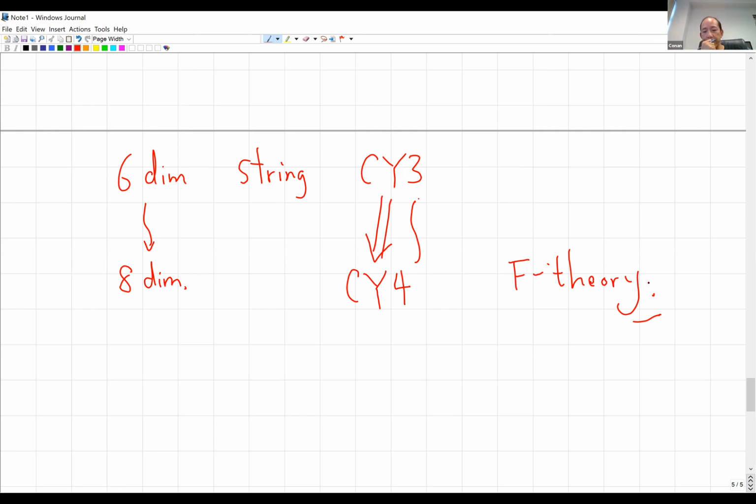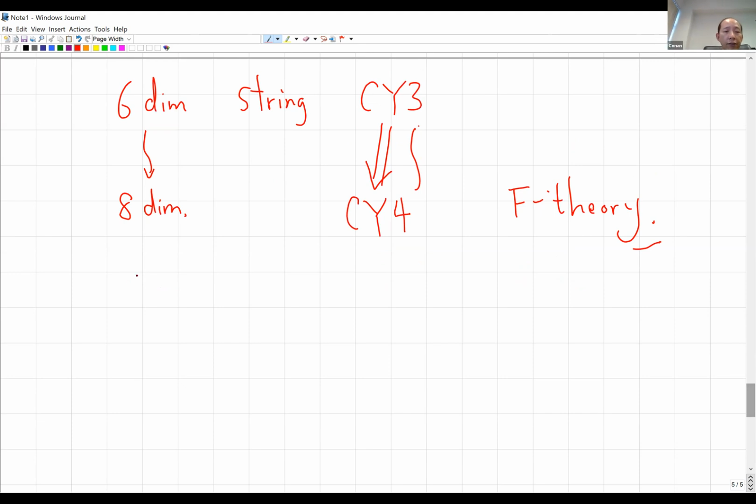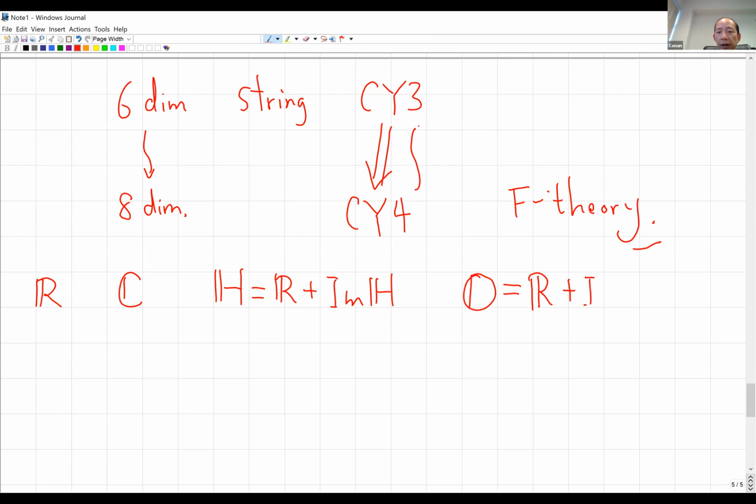Let me see how to say it. Let me describe the one in the middle first. So you have an octonion. Just like the quaternions split into the real part and the imaginary part, the octonion splits into a real part and an imaginary part, which is 7-dimensional.